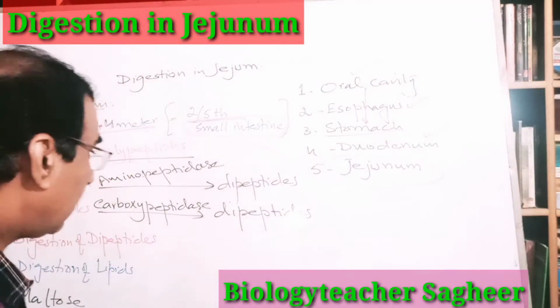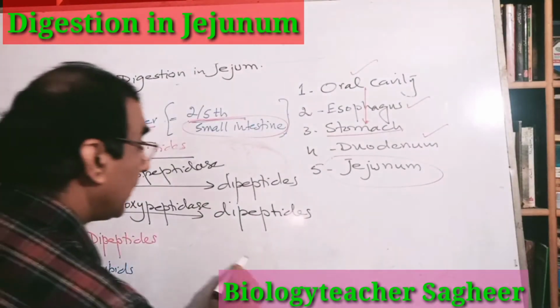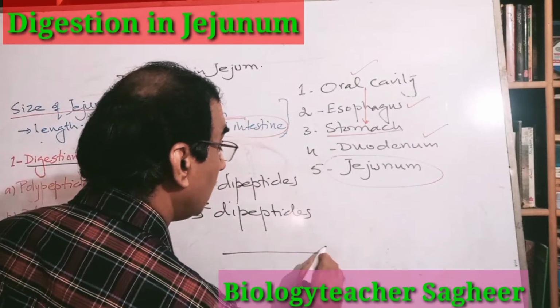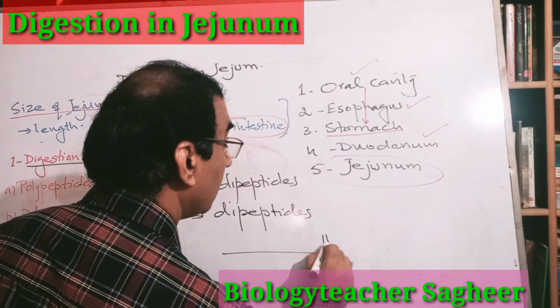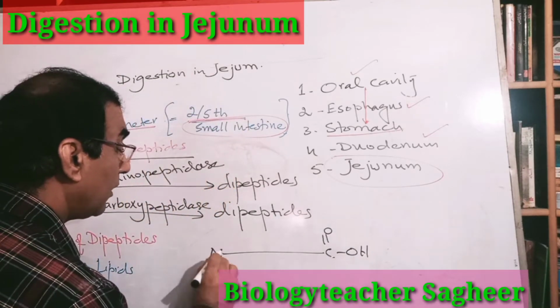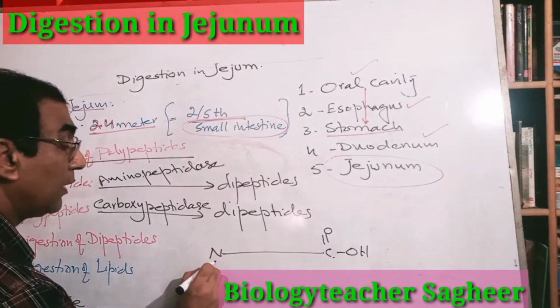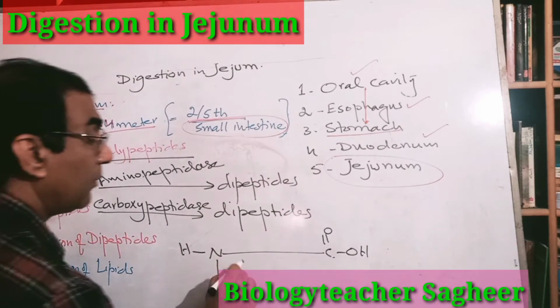You know very well, you studied the structure of proteins. Say, for example, here is the carboxyl group, and here should be the amino group, at the end of a polypeptide chain.